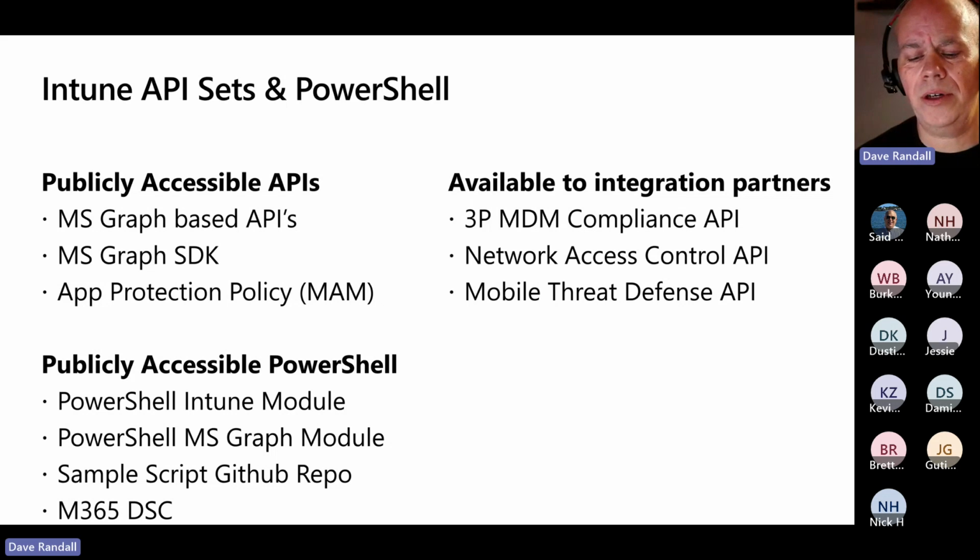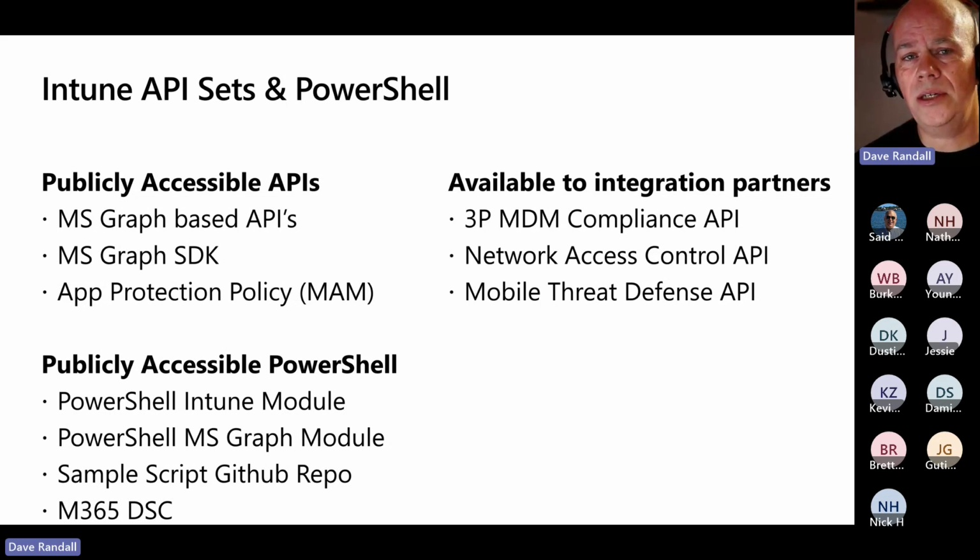And then the next one is Microsoft 365 DSC, or desired state configuration. So one of my great friends, Nick Charlebois, who's over on the East Coast in Ottawa, has built a desired state configuration tool for Microsoft 365, and there's a bunch of capabilities that are specific to Intune in there. And just the one-liner behind desired state is you have a set of configurations in your tenant, and you want to ensure that those configurations don't change over time, or they don't drift.